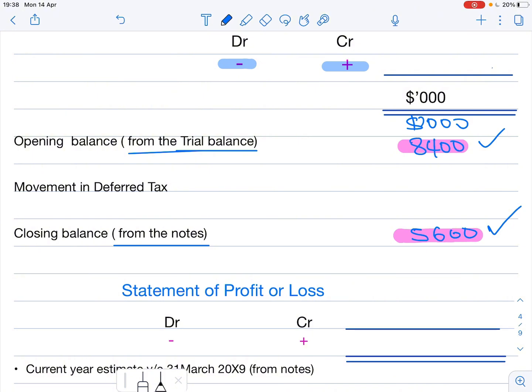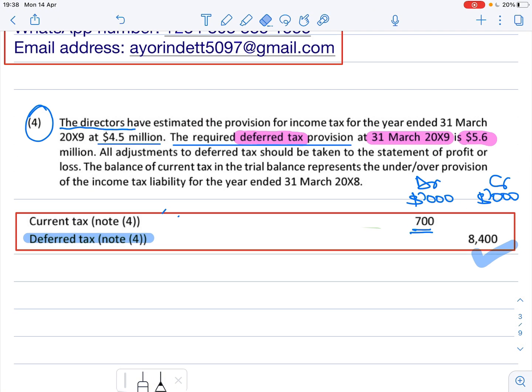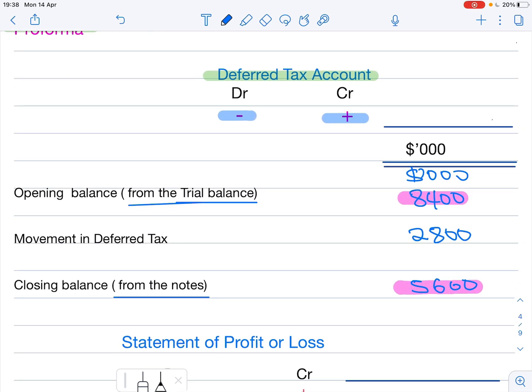So what do we do? Please get your calculator and say 8,400 deducts 5,600, and this is going to give us 2,800. So the 2,800 is here. Now can I tell you another thing? The 8.4, we picked it on the credit side of the trial balance, and I want to show that credit.